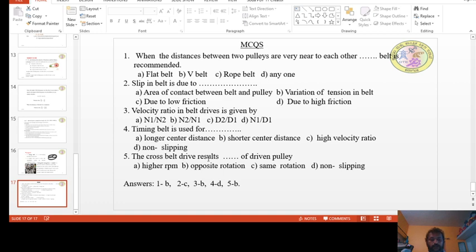The cross belt drive results in dash of driven pulley: higher RPM, opposite direction, same rotation, or non-slipping. So it is in the cross belt. We know that the driven pulley rotates in the opposite direction. So with this, session 6 is completed, and thank you very much.